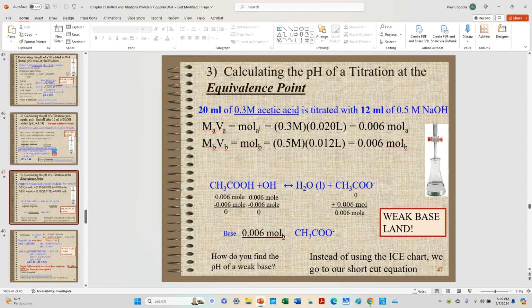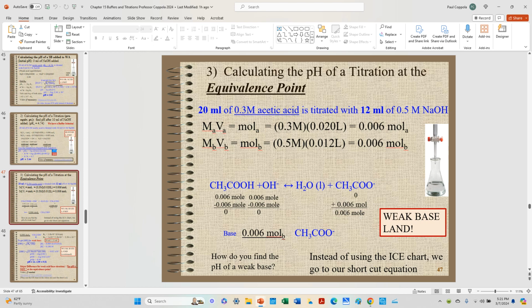Well, we found the moles of each, but since we have a weak acid, we set up this equation. We're starting with 0.006, 0.006, so that gets used up to 0, that gets used up to 0, they neutralize each other, but we formed 0.006 moles of this weak base.